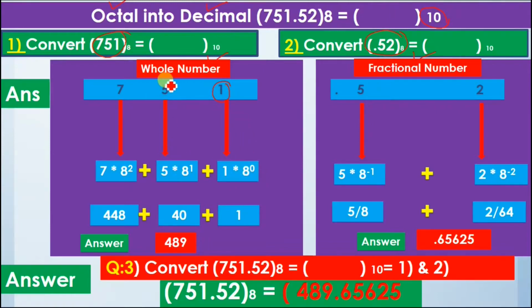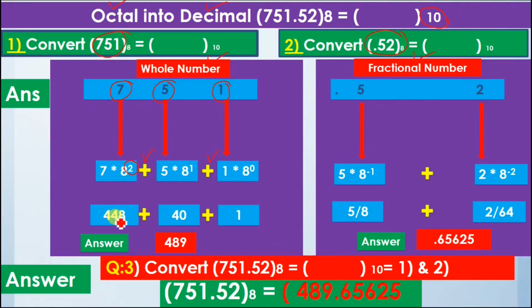The second digit is 5, so we multiply 5 with 8 raised to power 1. So the powers are increasing by 1 while moving away from the decimal point. Next we have the digit 7, so we multiply 7 with 8 raised to power 2. And then we will add them together to calculate the final answer.